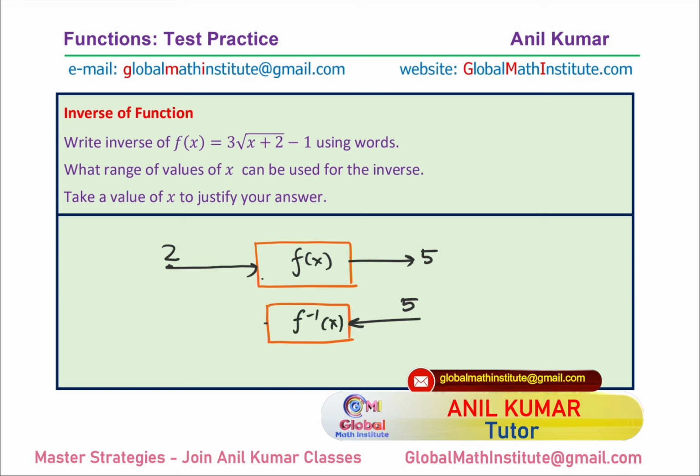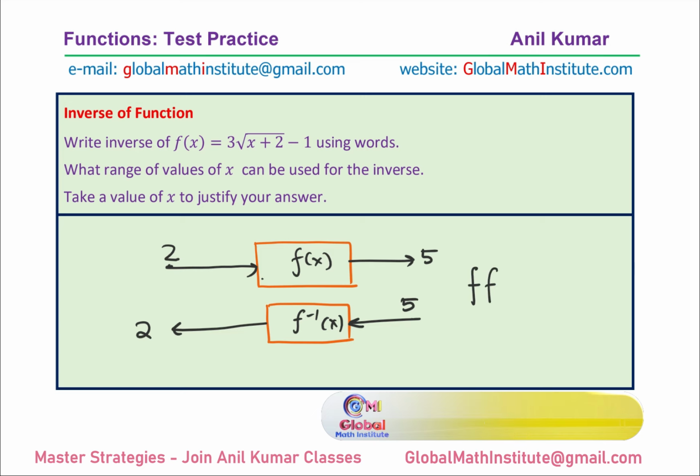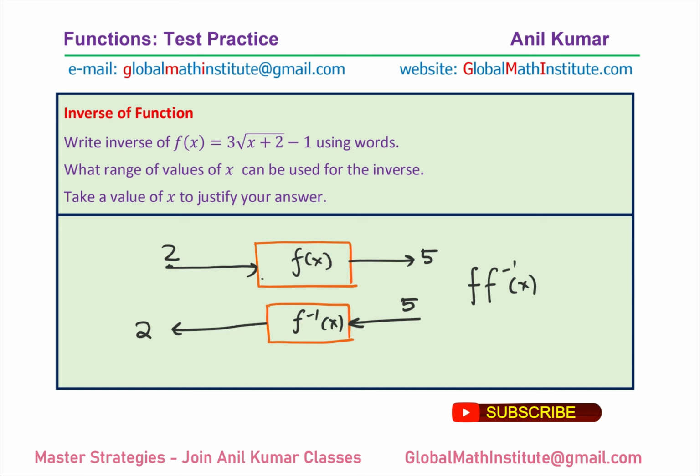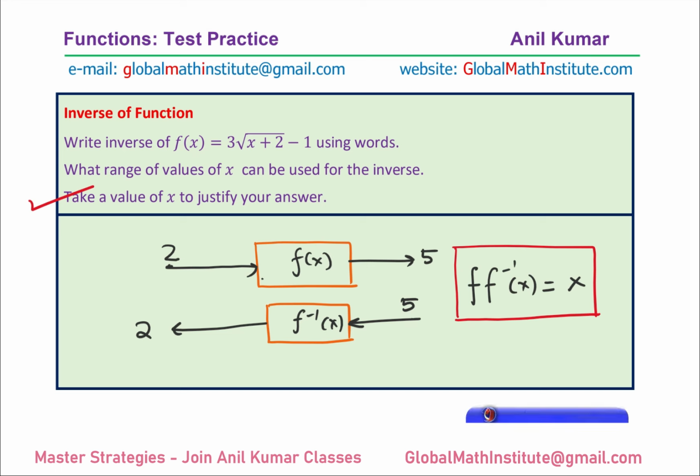That is the inverse. What do you get back? 2. So that is how we verified that the result is correct. So there is an important relation here, which is f of f inverse x is always equal to x, and that is how you verify. Is that clear to you? So I hope the whole concept is absolutely clear.